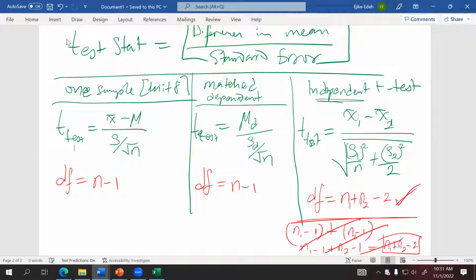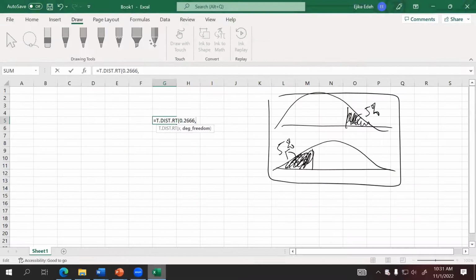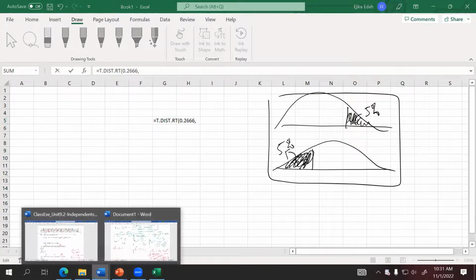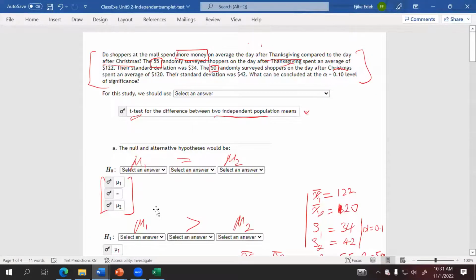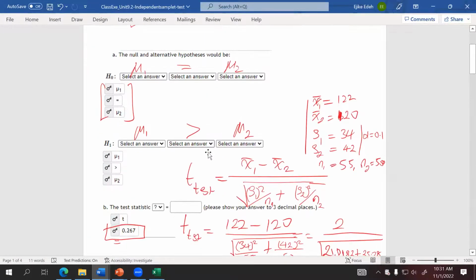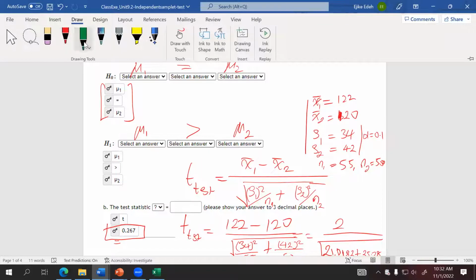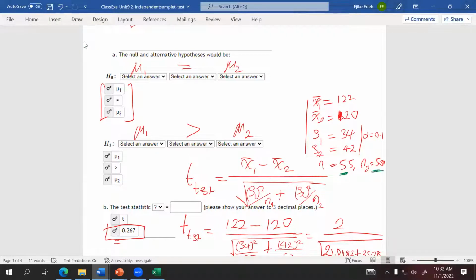Because we are doing a t-test, we know we're going to be using a degree of freedom here. Now, in this question, let's go back to it for clarity. We have the first group is 55 and the second group is 50. If you add those two together, you get 105 as your total sample.